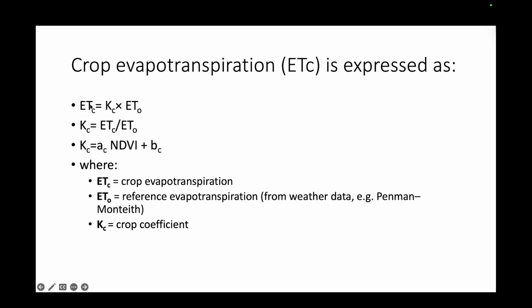So now we can simply calculate Kc equal to crop evapotranspiration divided by reference evapotranspiration. It is simply the ratio of the crop evapotranspiration and the reference evapotranspiration.